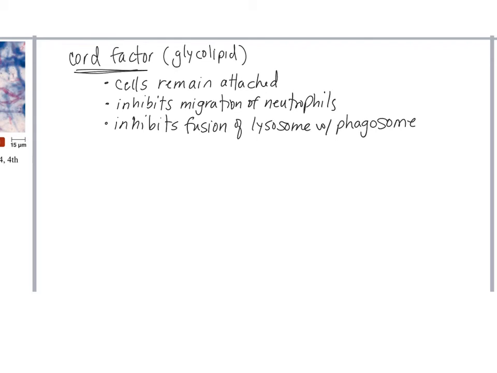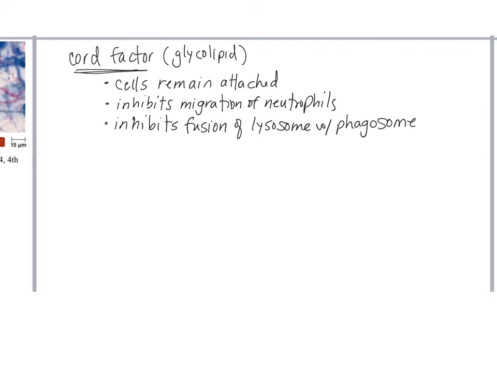So if the lysosome never fuses with the phagosome, then it doesn't release those digestive enzymes, and our Mycobacterium can live quite happily in that phagosome within the macrophage.